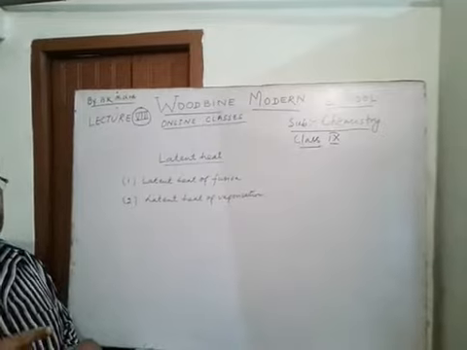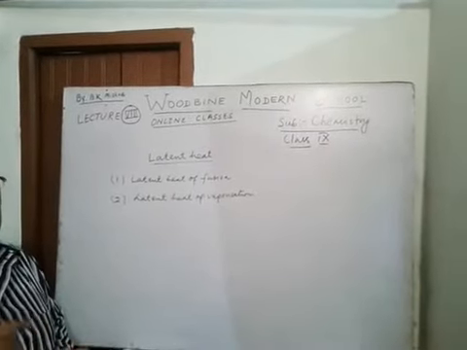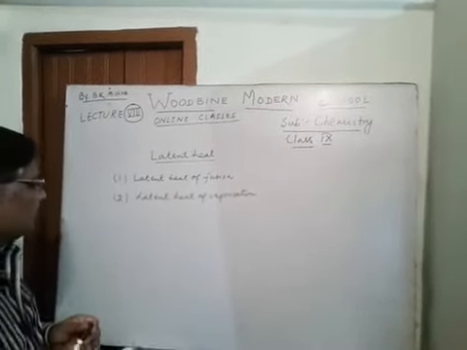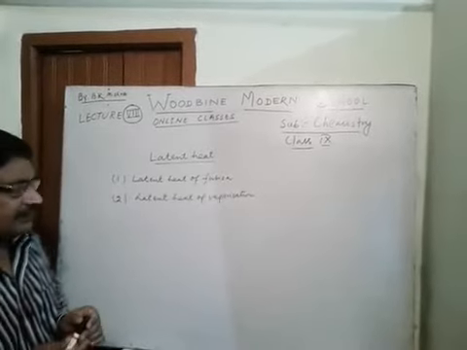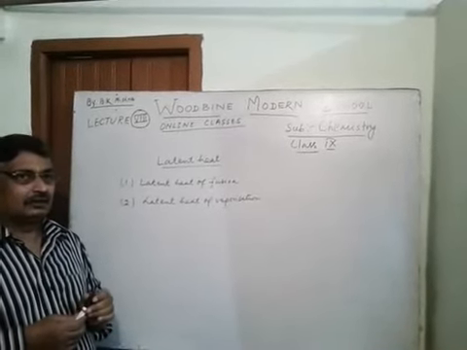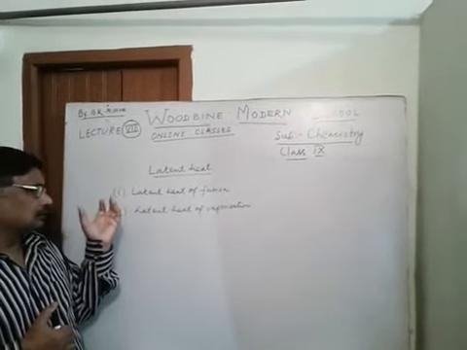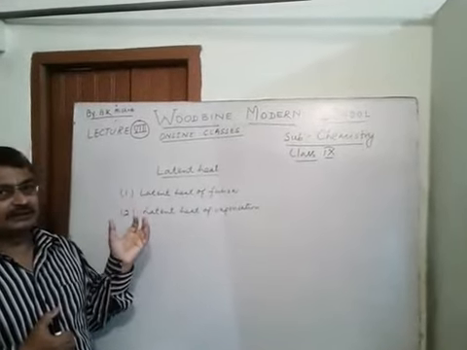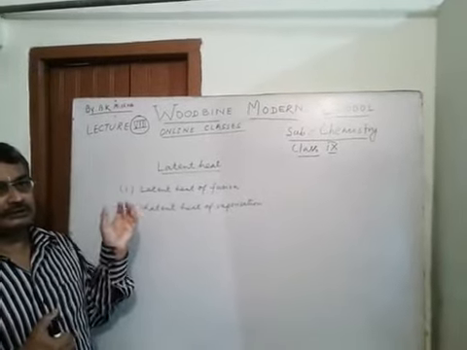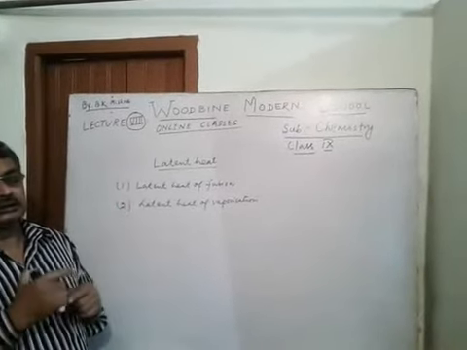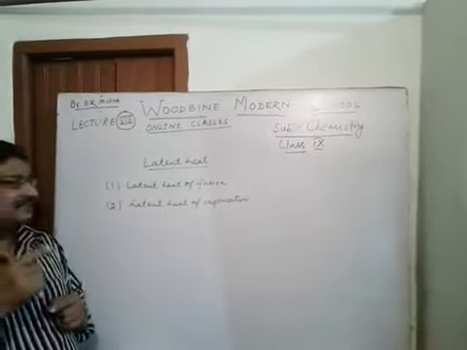The temperature rise will only happen when the kinetic energy of the particles increases. That happens only when the total conversion takes place, that is, when the total solid converts into liquid, then the temperature will start rising.